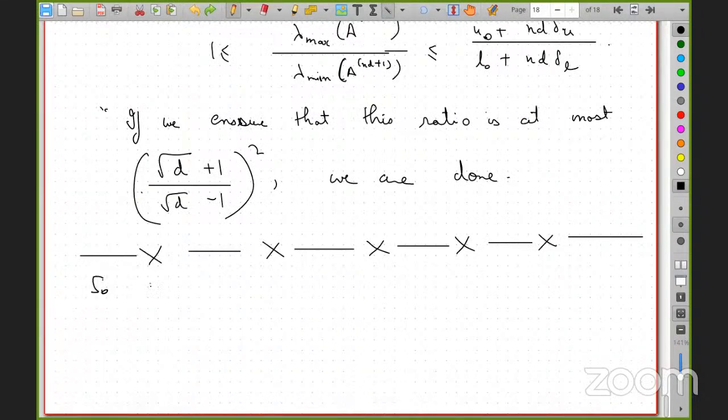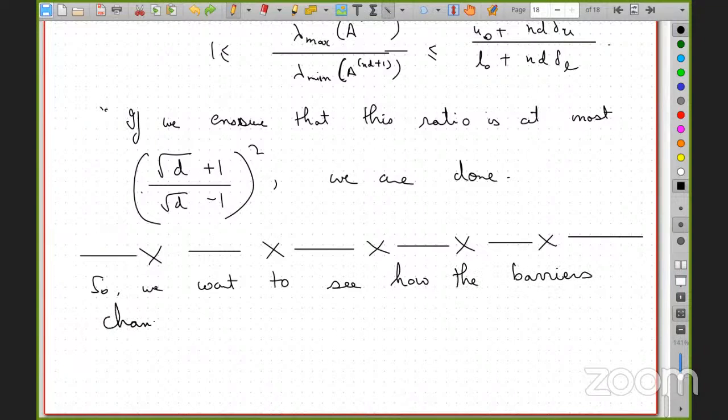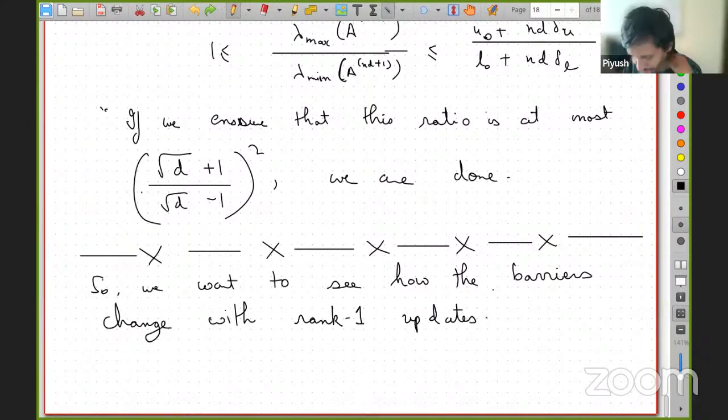So now you want to see how the barriers change with rank one updates. Let's look at the upper barrier first.